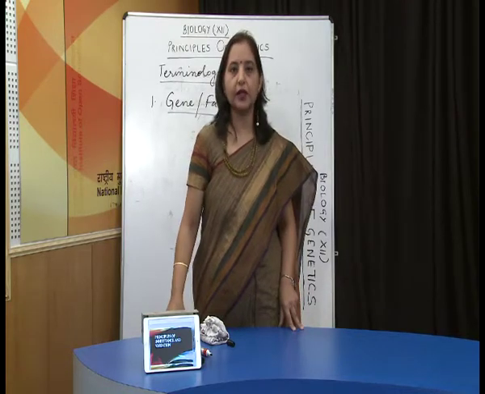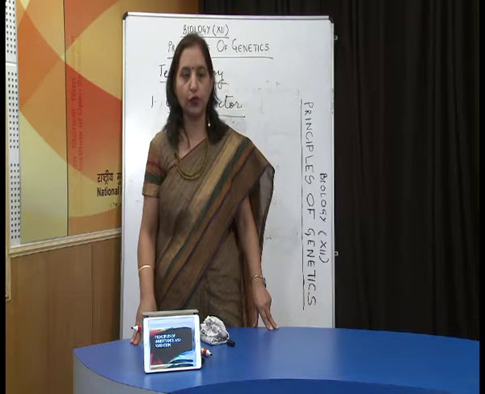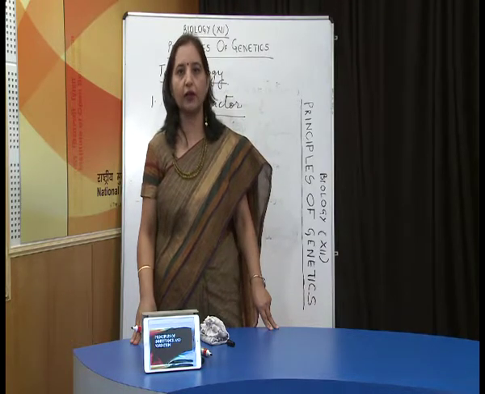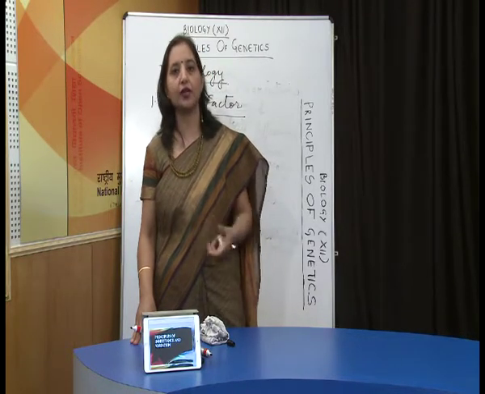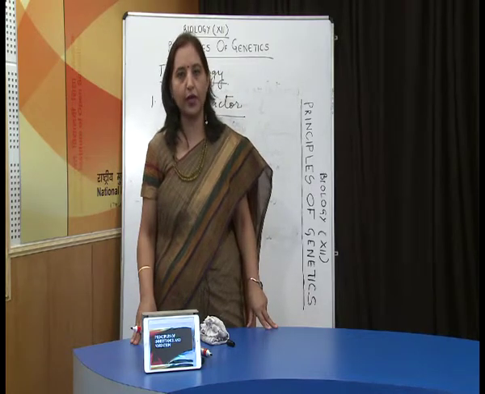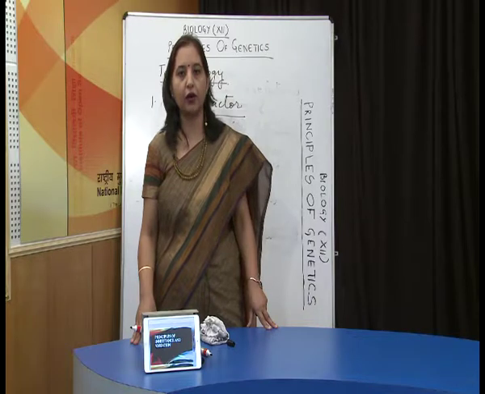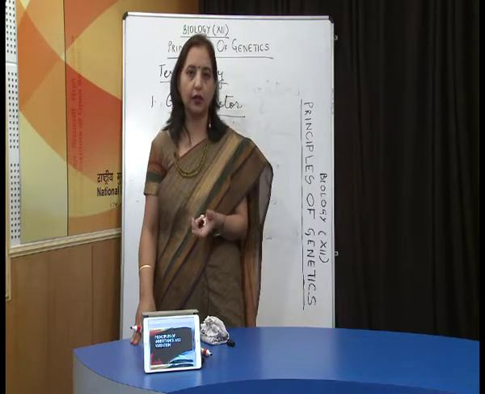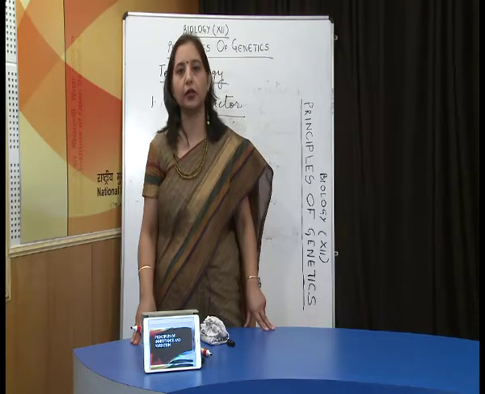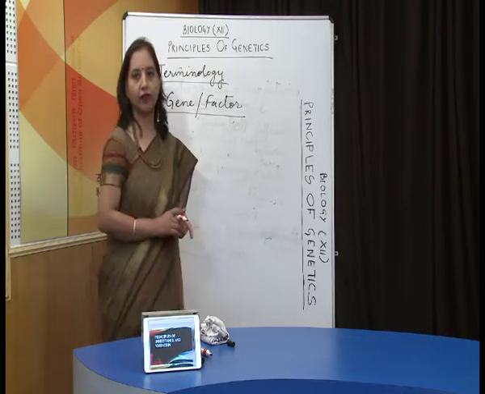When Mendel was studying garden pea for his experiments, at the time neither the chromosomes were discovered nor genes were known to anybody. So he referred to genes as factors. So when we talk about factors, we know that we are talking about the genes in today's context. Mendel called them factors, which pass on from one generation to the other. So the first term is gene or factor.